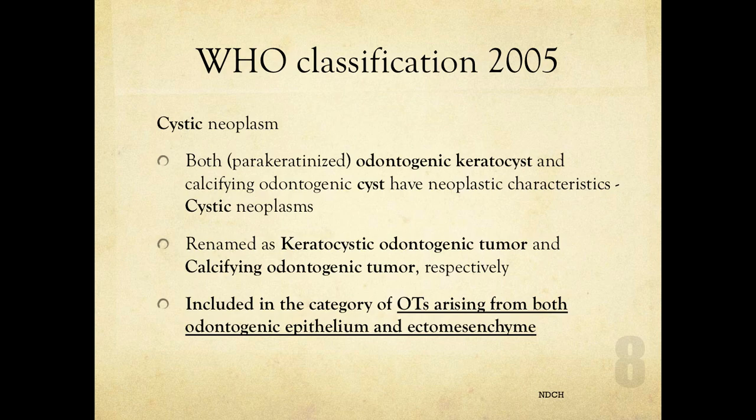In the WHO classification 2005, the parakeratinized variety of the odontogenic keratocyst and the calcifying odontogenic cyst were both considered as cystic neoplasms and renamed as keratocystic odontogenic tumor and calcifying odontogenic tumor, and included in the category of odontogenic tumors arising from both odontogenic epithelium and ectomesenchyme.